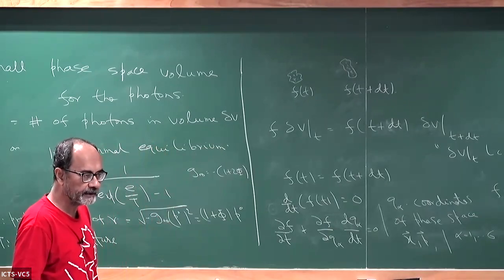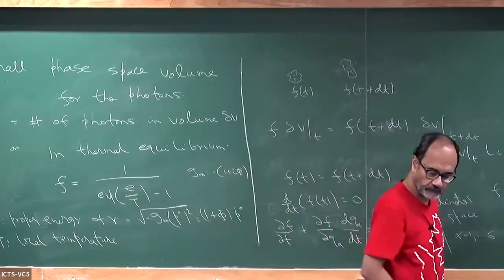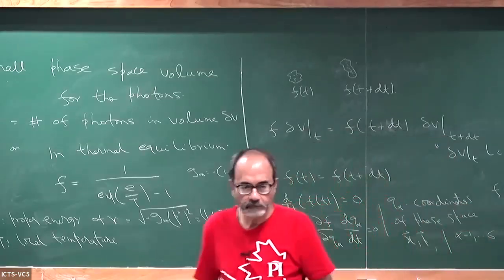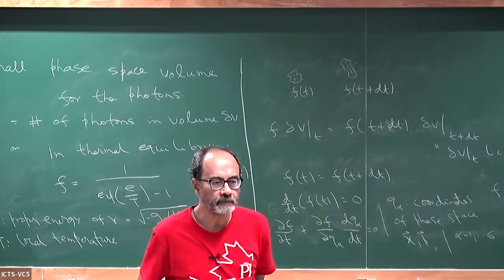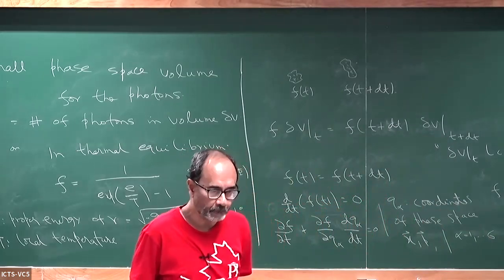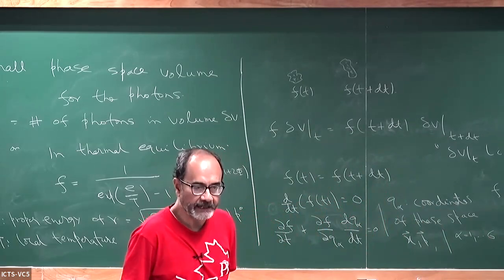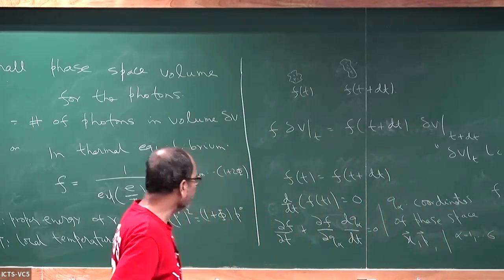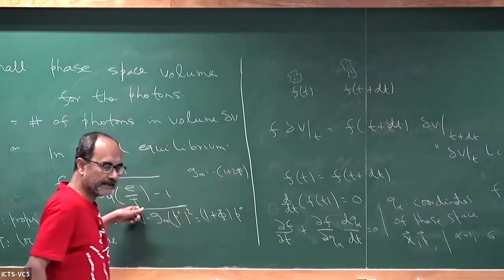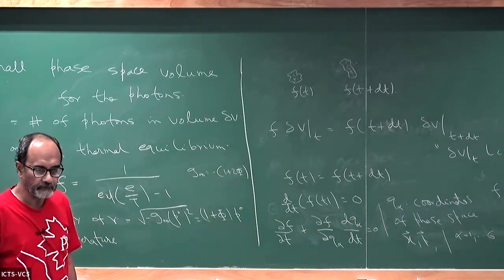So what were you saying, that after evolution we can write it in this form? Suppose we can; I'm not saying that we can. If we can write it in this form, then we can reinterpret that T as a local temperature after evolution. And it may happen.